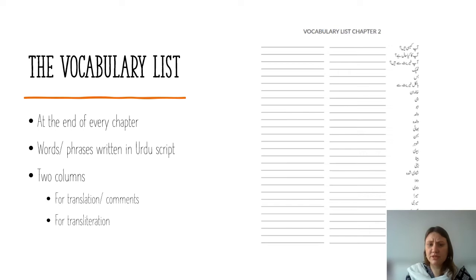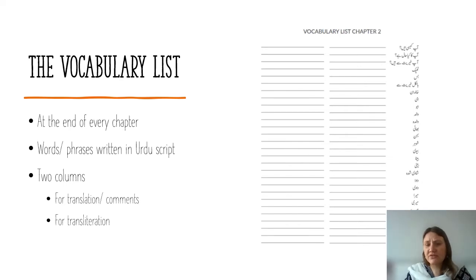The teacher will present them to you throughout the chapter, and the empty columns are for you to fill out. In one of them, you can write a translation, for example in your own language, or a comment, maybe an example sentence. And in the other column, we want to encourage you to write the word in Roman Urdu or some kind of transliteration that helps you remember how to pronounce it.